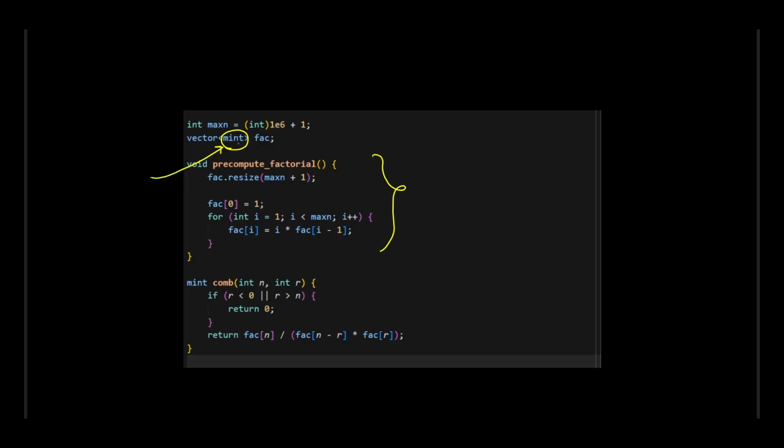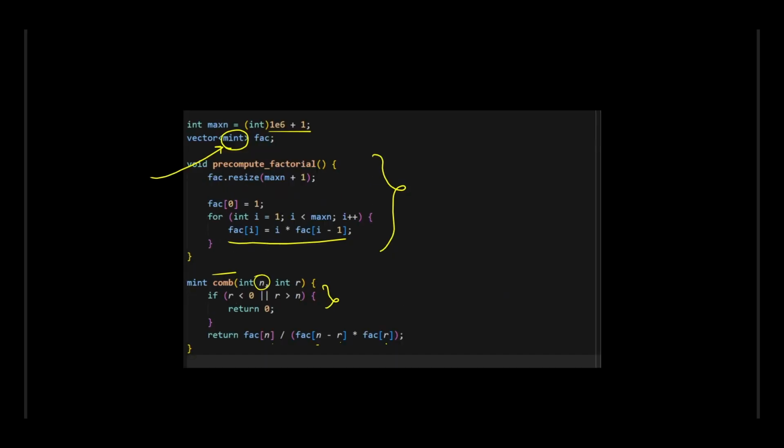With this, you don't have to worry about overflows. I pre-computed all the factorials up to 10 to the power 6 so that I can reuse them across test cases. Then n choose r is n factorial divided by n minus r factorial into r factorial, and if r is less than 0 or greater than n, I simply return 0.